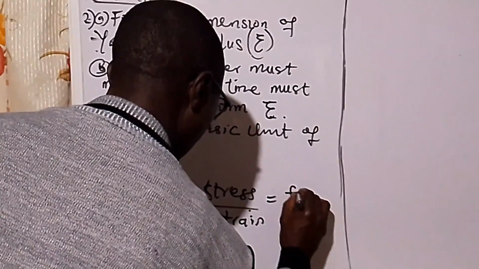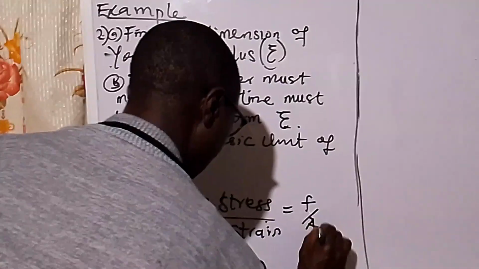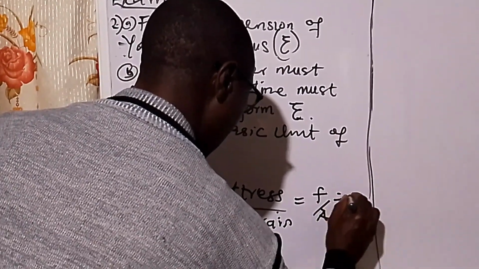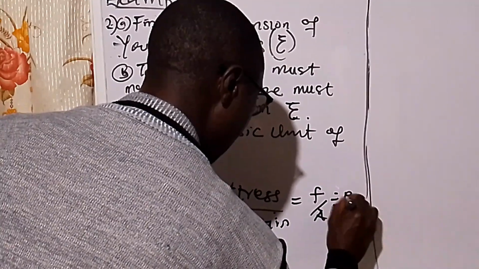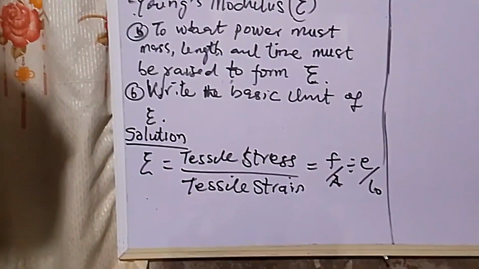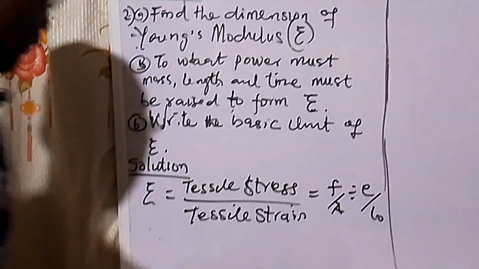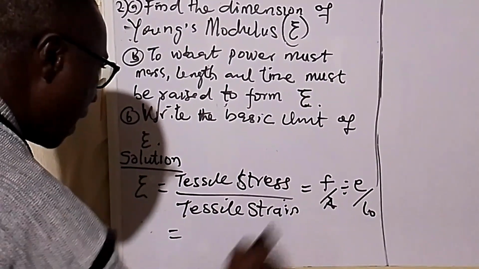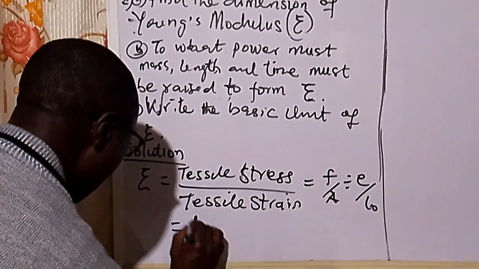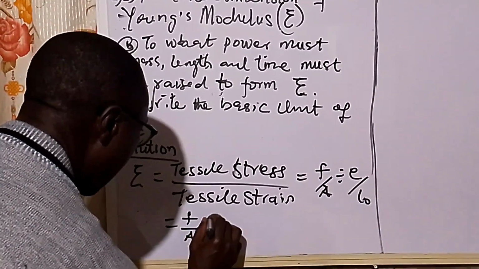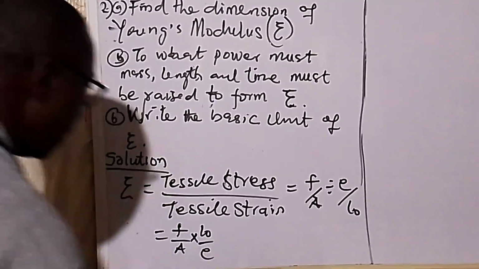Tensile stress is force over area. Strain is extension divided by original length, that is new length minus original length over original length. We continue. From there now, we can say force is derived, area is derived. So you can now say F over A multiplied by L naught over e.